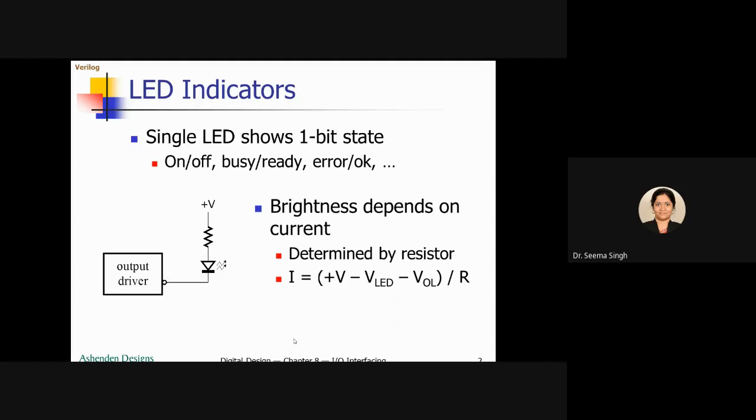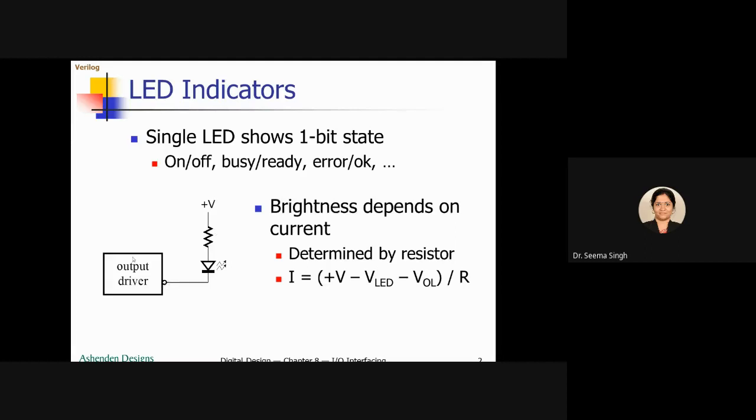And you know that when current passes through a light emitting diode, it emits light. This circuit you would have seen before also. For an active low output, the current will flow from plus VCC through the resistor, through the diode, to this active low port.